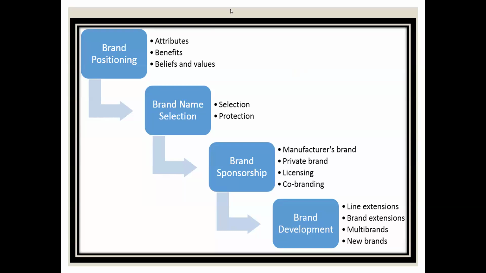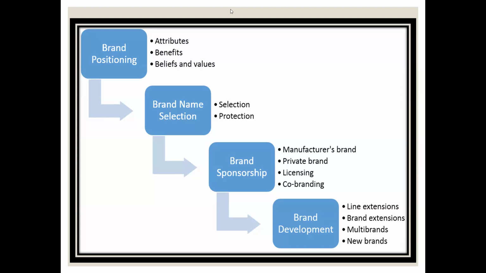So brand positioning: go with attributes. Always think about all the possible attributes while positioning your brand. Then benefits: what benefit you're going to get out of this brand. And beliefs and values. Whether it is for your own company, or you're going to be the designer of the brand for your organization, or as an individual you're going to have your own brand, consider all the attributes.